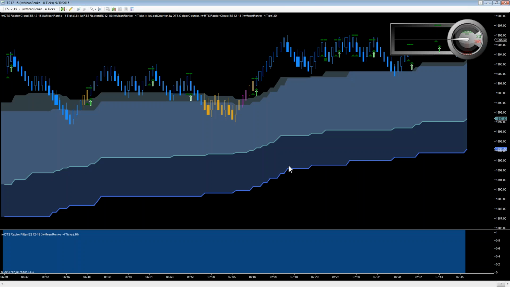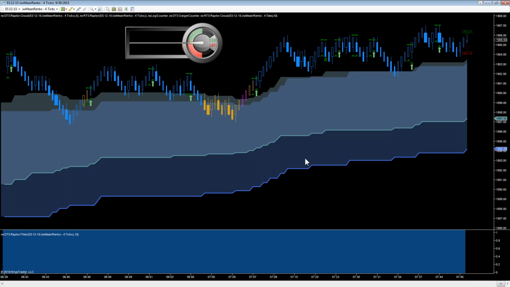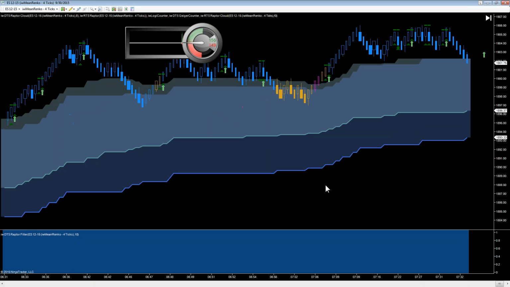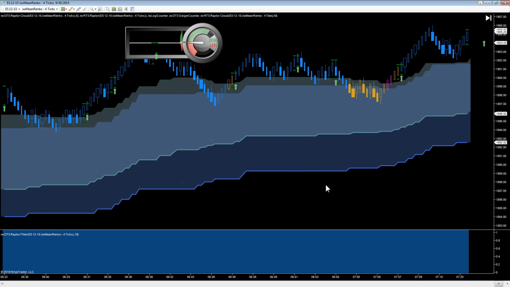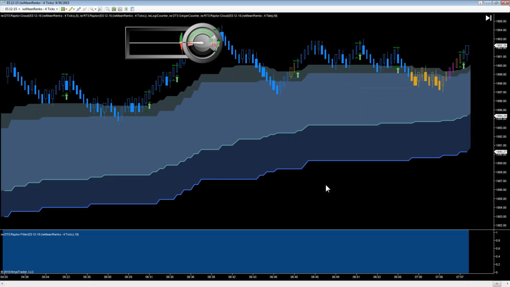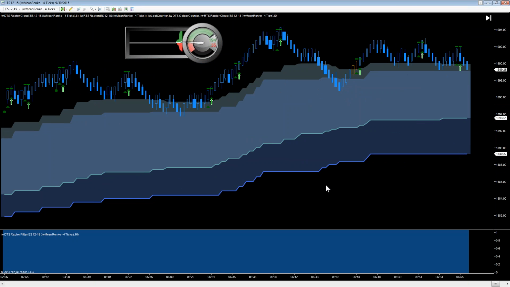Unfortunately, the E-mini is the most popular market that falls outside the parameters of the default settings. With the E-mini, we go with alternate settings. Most instruments that trade at $10 a tick or less will work perfectly well on the default settings. The E-mini or other instruments that trade at $12.50 a tick or more, we have a set of alternate settings.